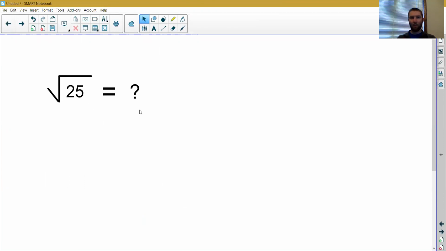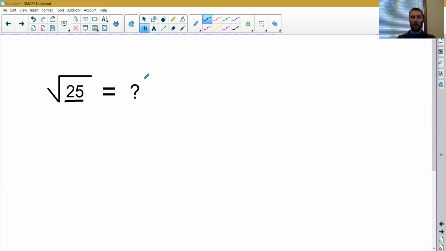Okay, what is the square root of 25? So remember from our last video what this symbol is really asking. It's asking what number, when I multiply it times itself, is going to give me this number underneath the radical symbol right here. What number, when I multiply it by itself, gives me 25?